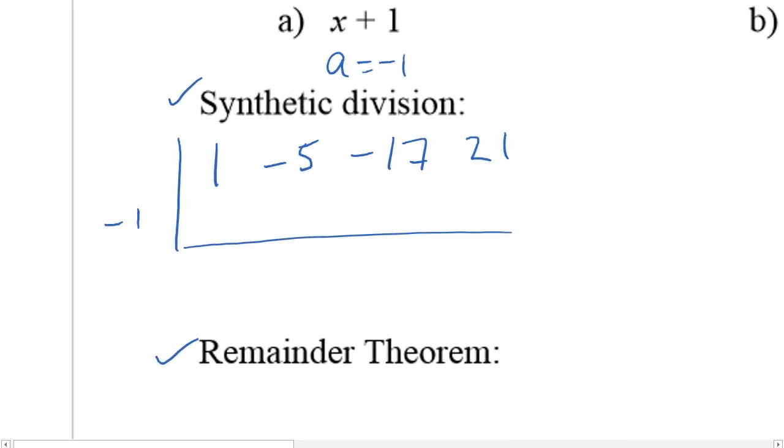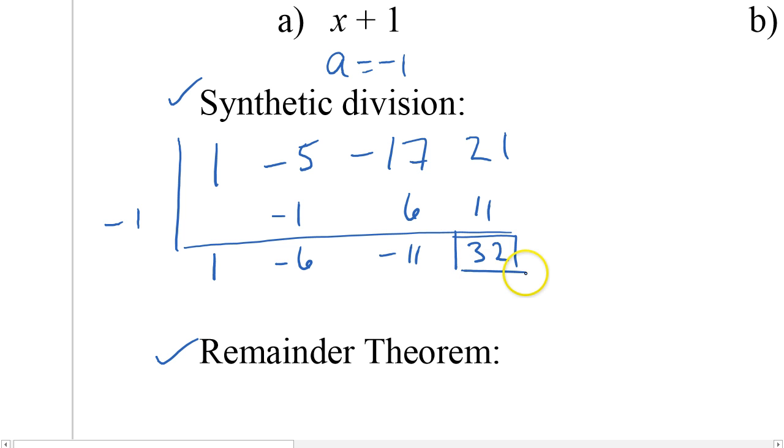I drop the 1 down and multiply it times -1. -5 and -1 combined give me -6. These multiplied together give me a positive 6. I get -11, then I multiply -1 times -11 and get 11, and here I get 32. So my remainder is 32.